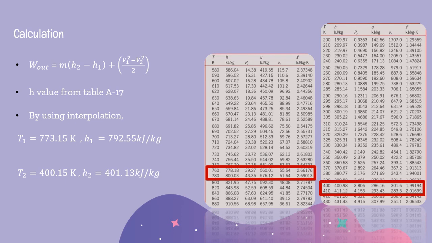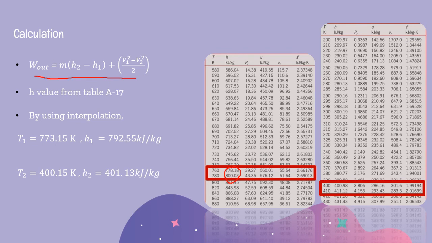Next, we need to find the enthalpy values. From the previous equation, W out is equal to this one, so we can get the h values from Table A-7, which is here. By using interpolation for T1, which is 773.15 Kelvin, we can get the H1 value, which is around here, 792.55 kilojoules per kg.